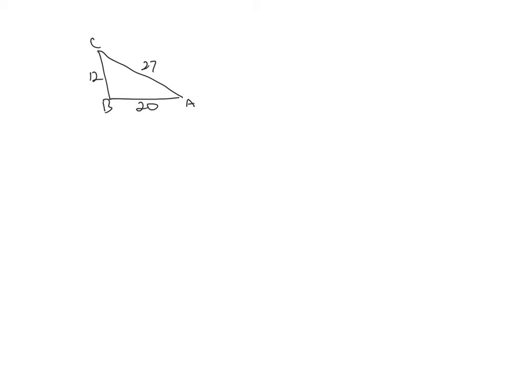So it's really just pick whichever one you want. First when I look at it, angle A is going to be the smallest angle because it's across from the smallest side. Angle B is going to be the biggest angle because it's across from the biggest side. And then C will be somewhere in the middle.